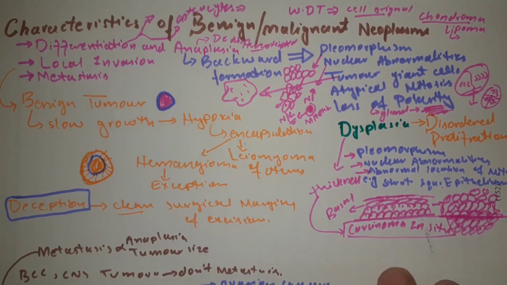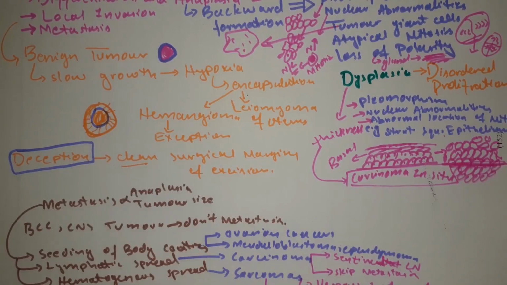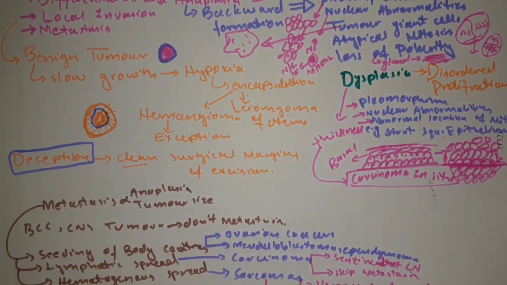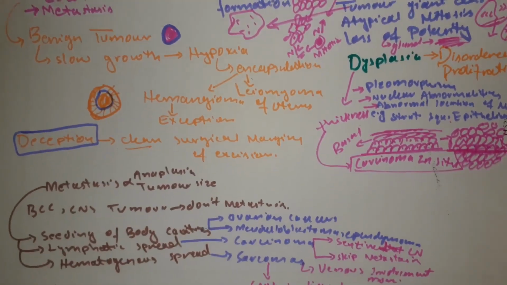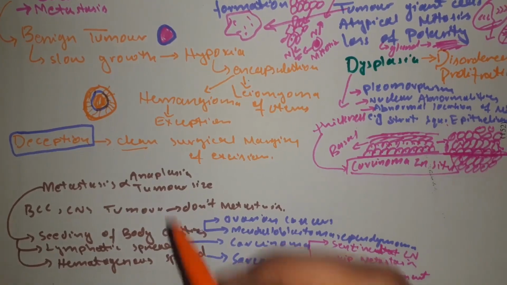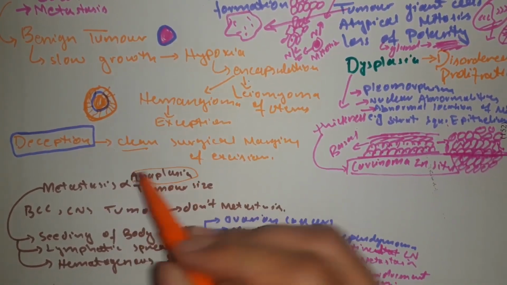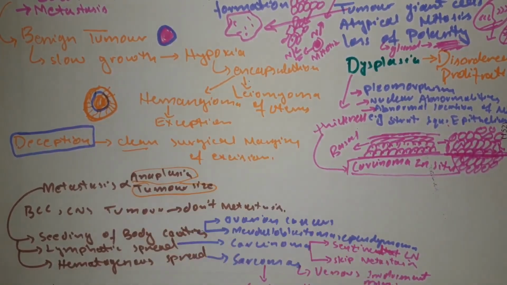And the next one is metastatic spread or metastasis. Metastasis is basically a characteristic of malignant tumors. Benign tumors don't show metastasis, and the potential of a tumor to metastasize is directly proportional to its degree of anaplasia and tumor size. Greater degree of anaplasia, greater metastatic potential. Greater tumor size, greater metastatic potential.